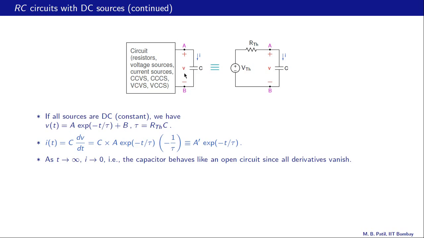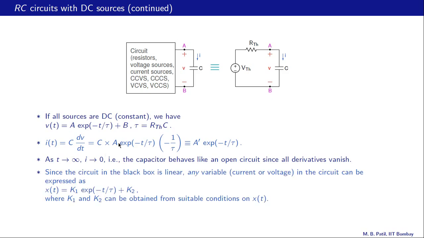So therefore this V will also become a constant, and since the current here is C dV/dt, if V is constant, that current is going to become 0. So therefore the capacitor behaves like an open circuit in steady state as t tends to infinity.